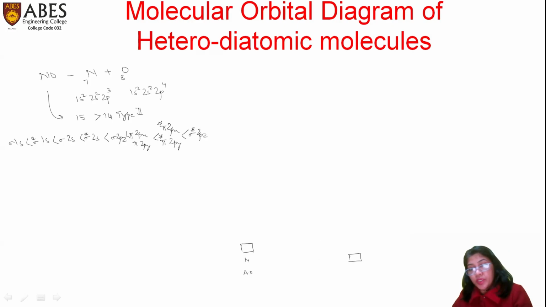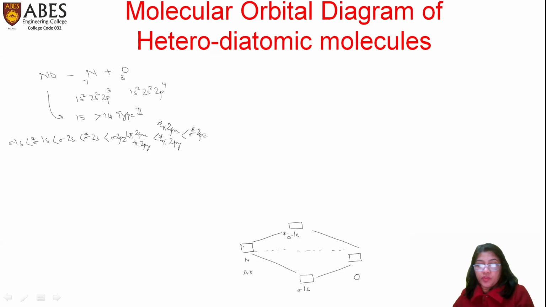The more electronegative atom will have its atomic orbital close to the bonding molecular orbital, and the less electronegative atom will have its atomic orbital close to the antibonding molecular orbital. So here the levels of the atomic orbitals will be different.